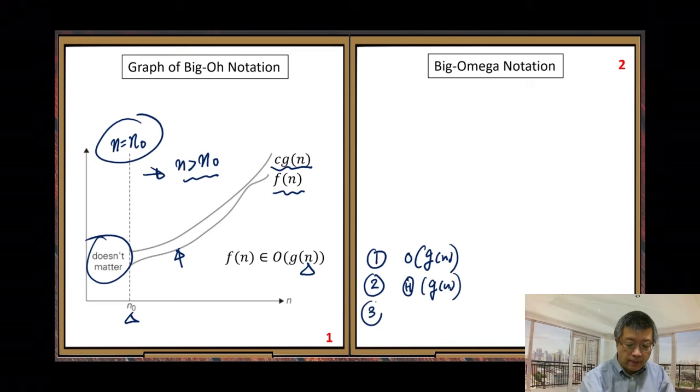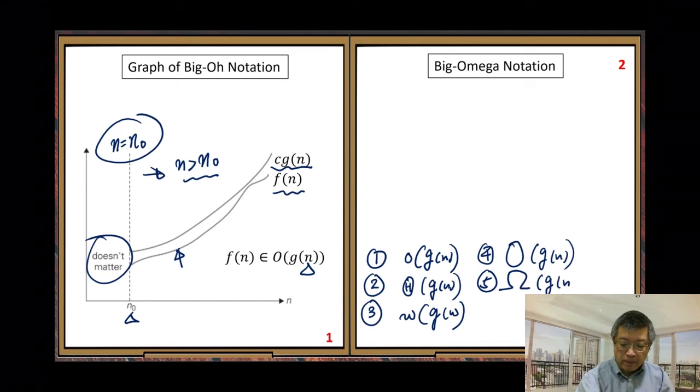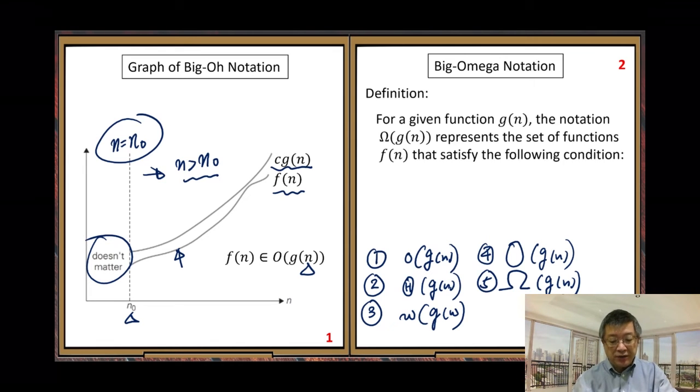The third one, little omega notation. The fourth one, big O notation. Then the fifth one, the one we're going to learn, big omega notation. That's all we need for this class. Total five.